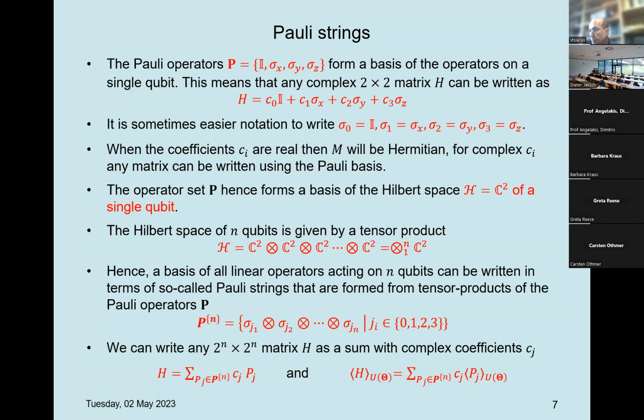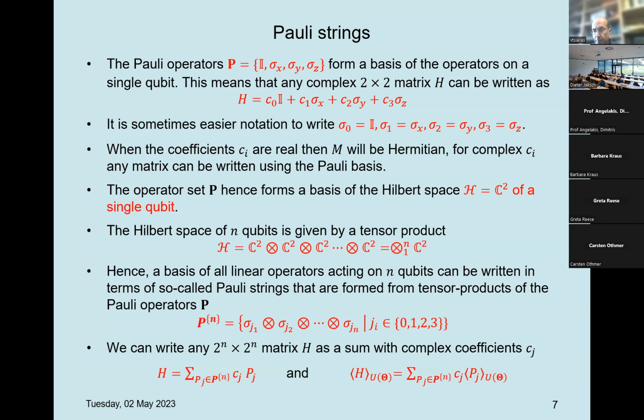That's shown here. These products of Pauli operators can always provide you with a basis for any operator that you want to optimize. So in principle, you can always optimize any operator or function that you want, but you may have to decompose this function into a sum of terms that you can actually measure.